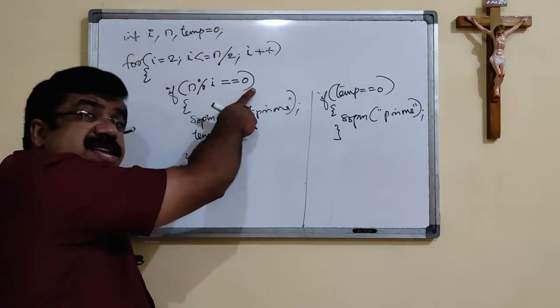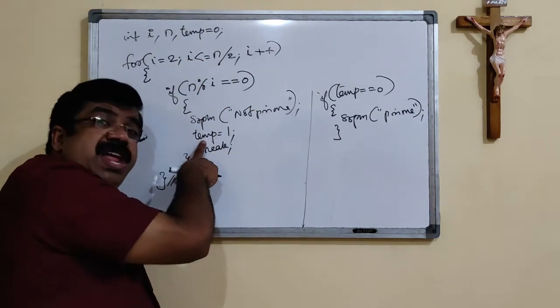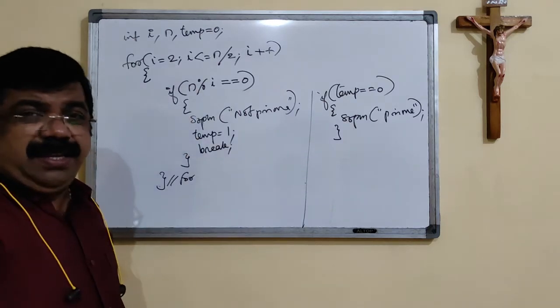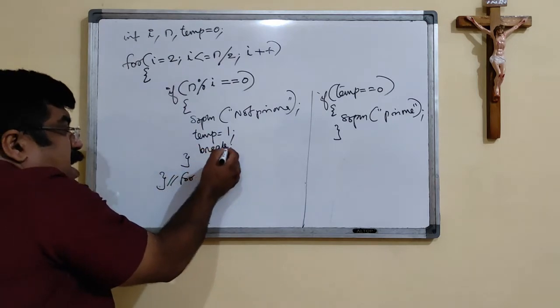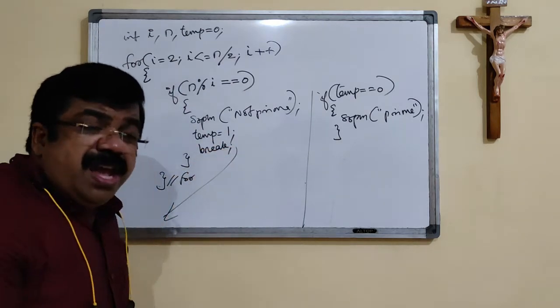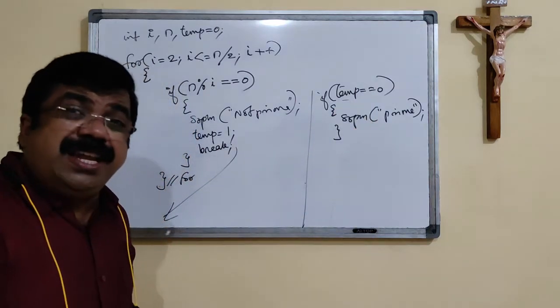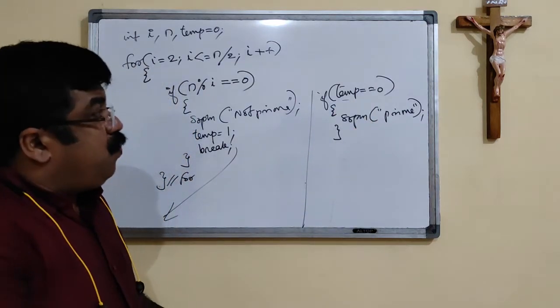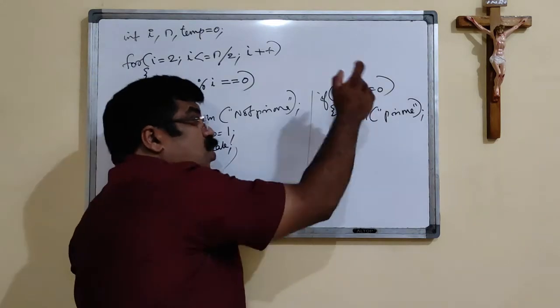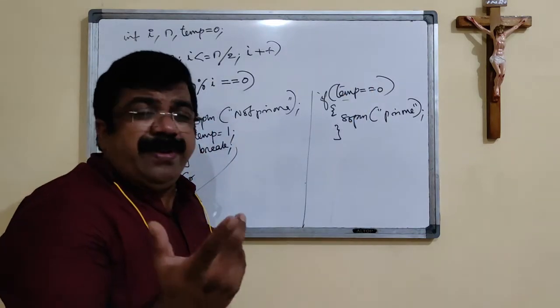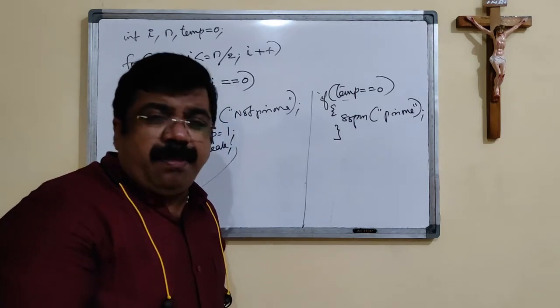When there is a factor, temp will have a different value. Then at the same time we are printing. And after the break, when we are coming out of the loop, it will take a decision. Once again it is confirming whether temp is 0 or not. Let us see with the help of an example.